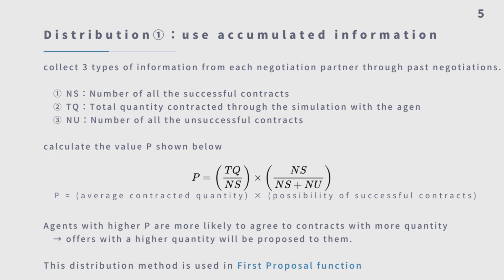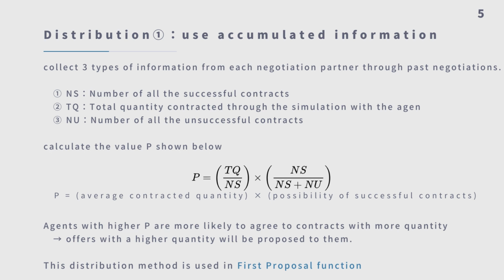And my agent will calculate the value P shown below with the three kinds of information. The part including TQ divided by NS means average contracted quantity. The other part means the possibility of successful contracts.